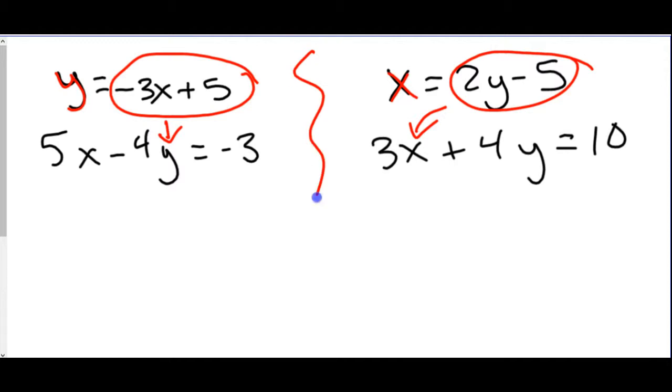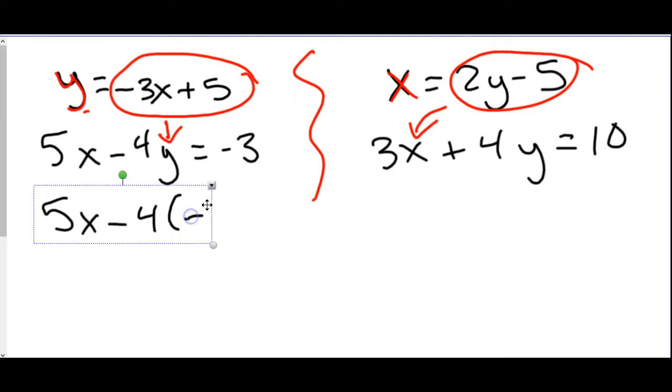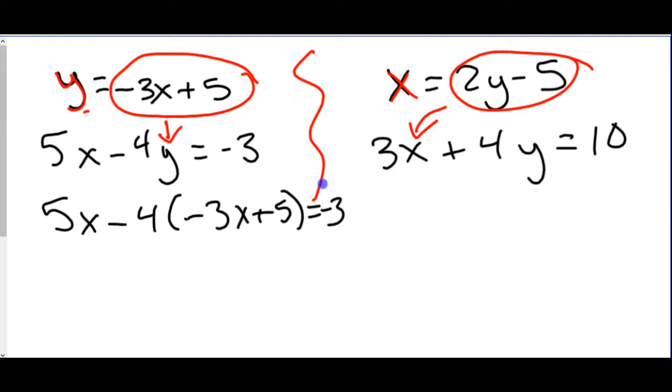So this second part, these are two separate problems. I'm just showing that either letter can be alone. So we'd replace and then we'd solve, and once you solve, you have to plug the answer back in. You'd have to go replace what y equaled into the equation, or if it was what x equaled, you'd replace it in the spot where x is.